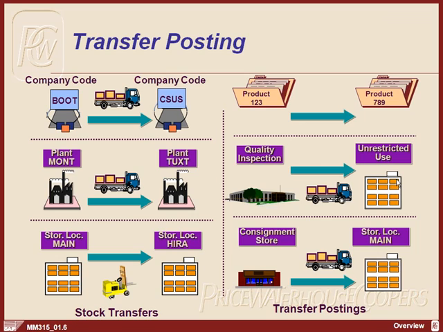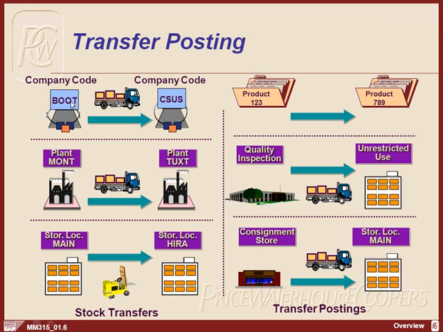And then transfer postings. Like I said, there are two types of transfer postings. Whenever there is a physical material movement, that is called physical transfer posting, or simply stock transfer. If there is no physical movement of the material, and only the status of the material or the stock type is changed, you call it simply a transfer posting or logical transfer posting.